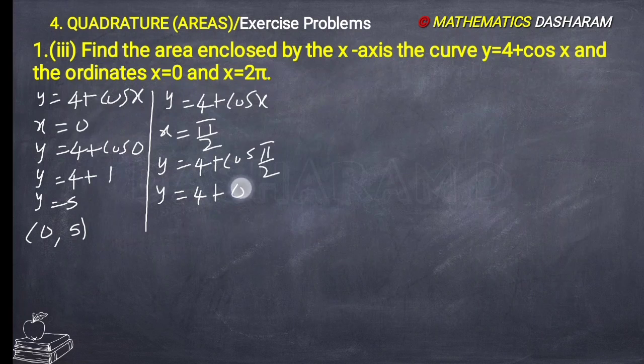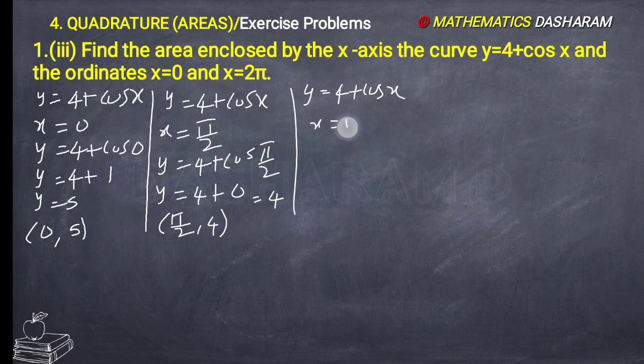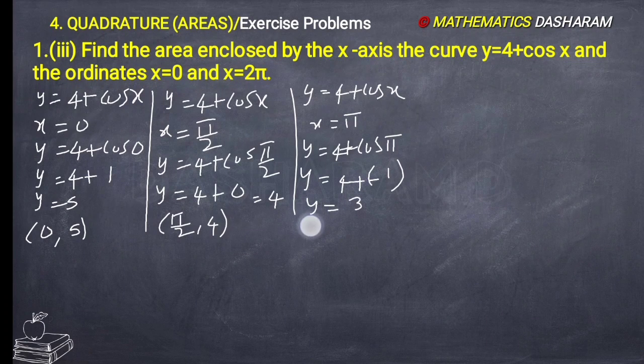Cos pi by 2 is 0, so y equals 4. The second point is pi by 2 comma 4. Next, substitute x equals pi. So 4 plus cos pi, which is minus 1. So 4 plus minus 1 is 3. So pi comma 3.